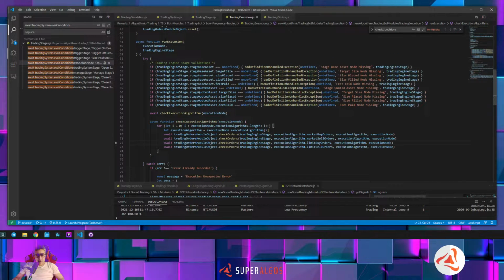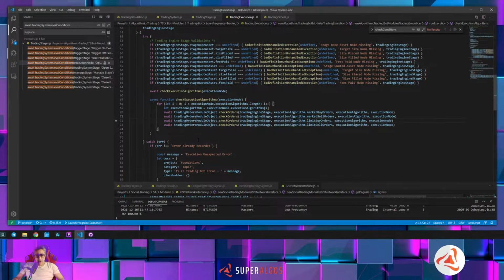What do we do at run execution? We make a lot of validations and then we go to check orders for each type of different orders.